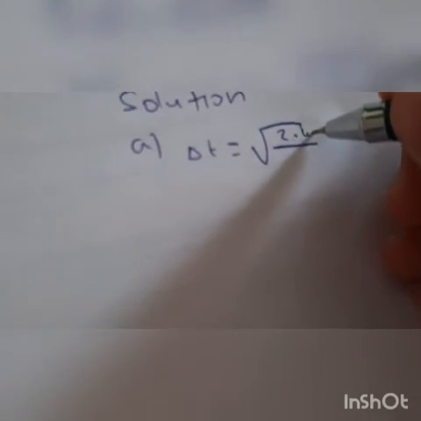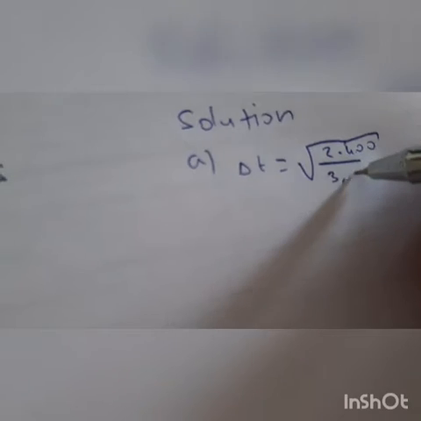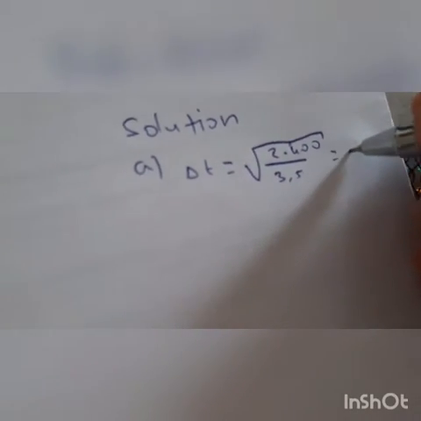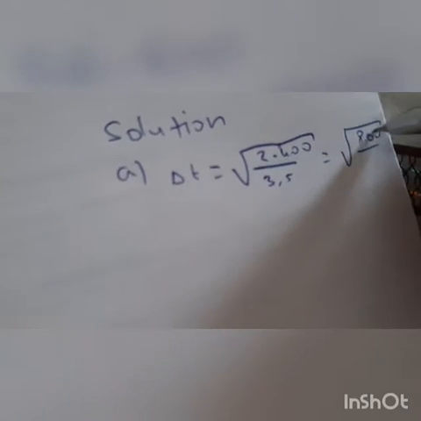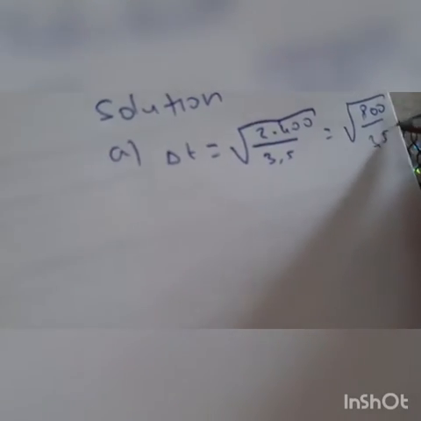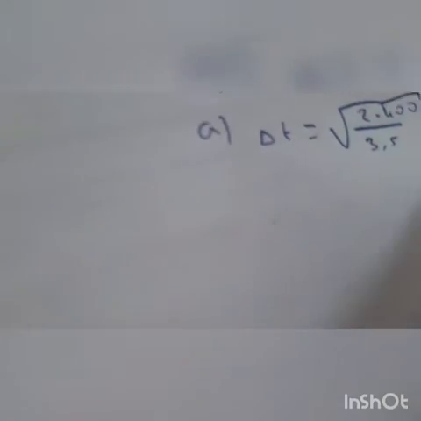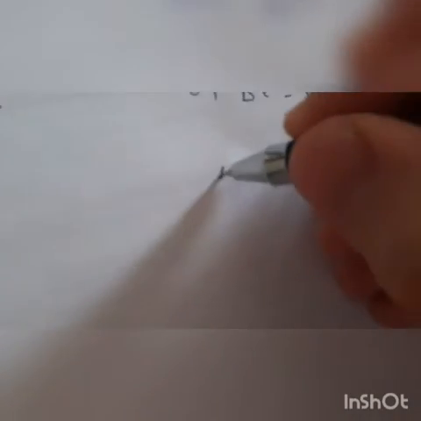The distance is 400, and Porsche's acceleration is 3.5, and there delta t is 15.1 seconds. Yeah, it's Porsche's time.